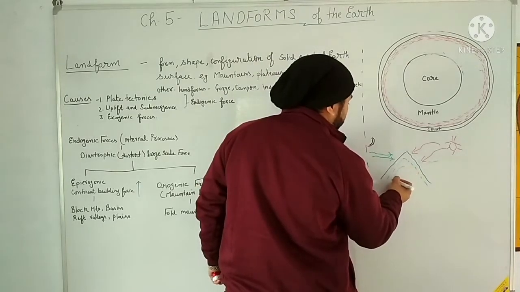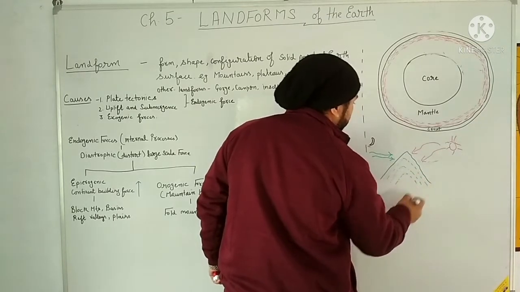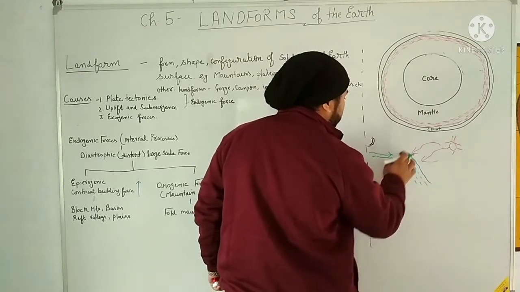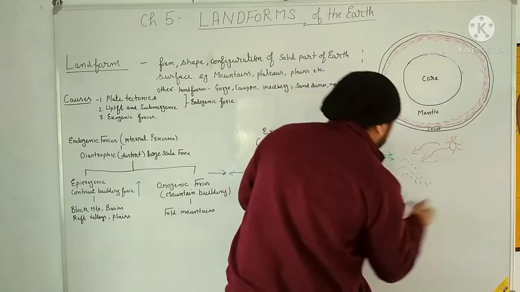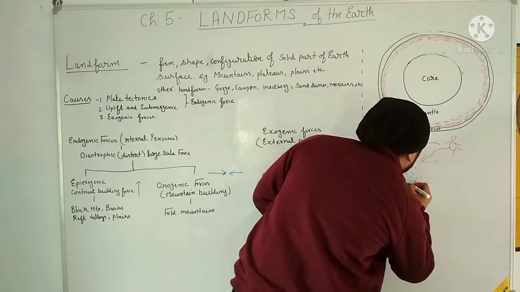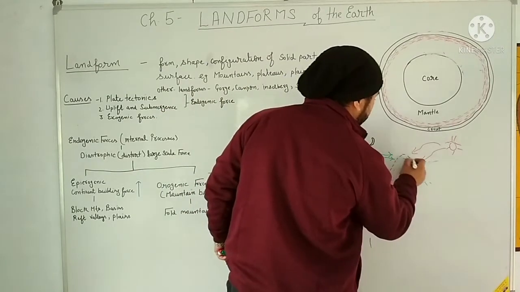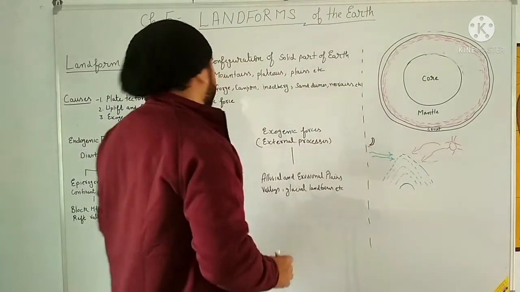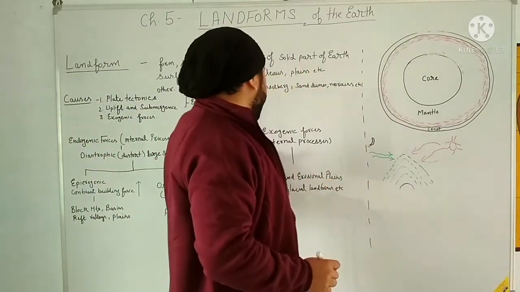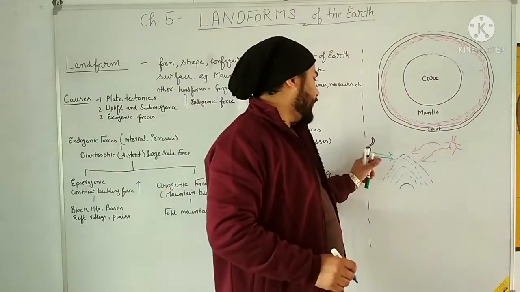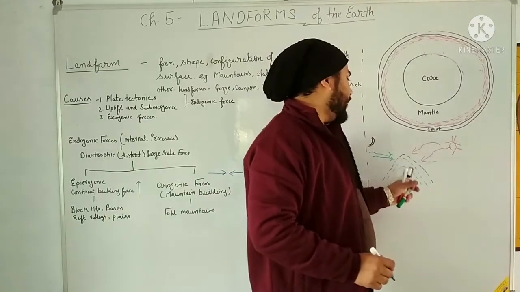After 1,000 years like this, then more years, the time will come when this mountain will become a landform like this. Earlier it was this high, created because of the endogenic force, and afterwards, because of the exogenic forces, the winds or rivers or glaciers, erosion took place.